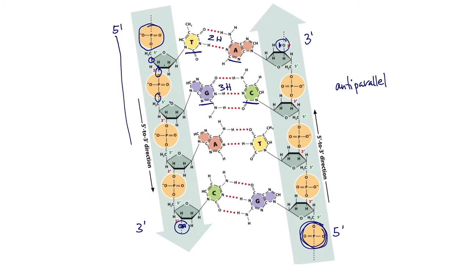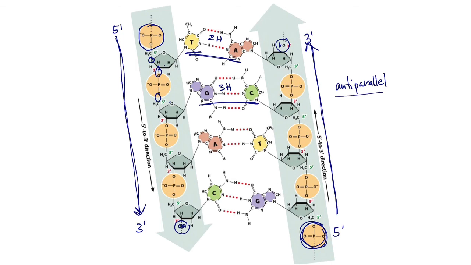So we've got 5' to 3' on the left, 5' to 3' on the right, but they're opposite one another. They're anti-parallel. And it's in that anti-parallel fashion that we see the bases pairing up and then the DNA backbones relative to one another. Great.